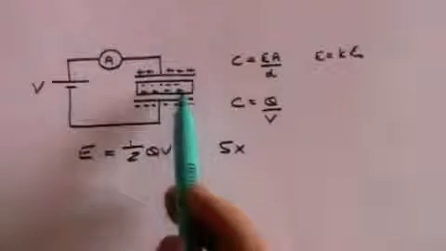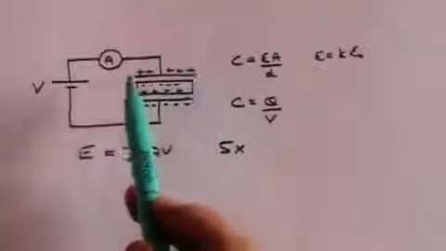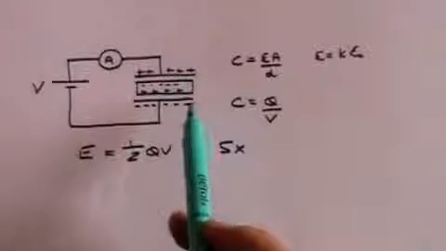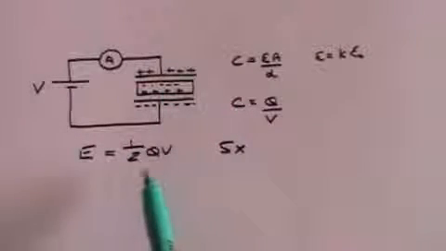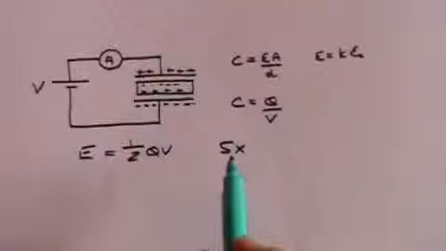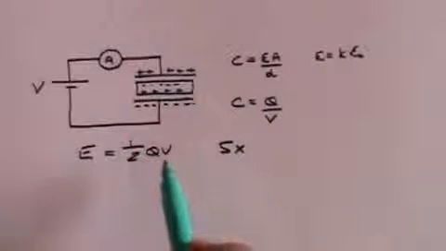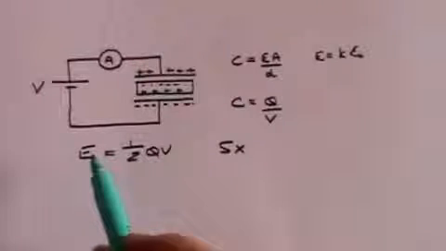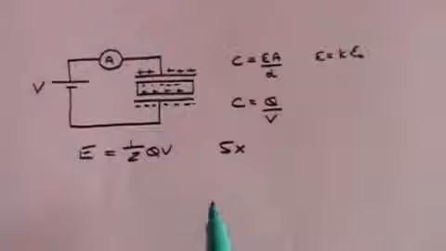So before you put the dielectric in, the capacitor would have a certain stored energy, which would be half QV. When you put the dielectric in, the charge increases 5-fold, and so the stored potential energy increases 5-fold.